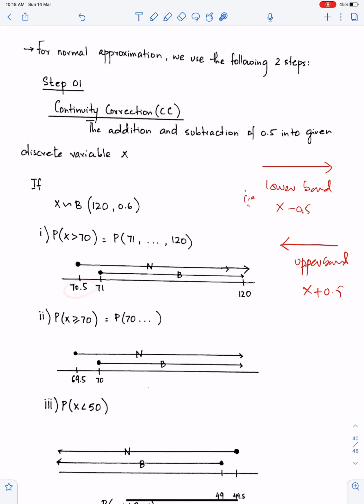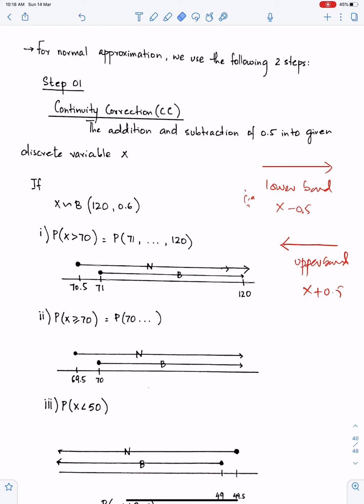So you need to use 70.5, like in this probability, z greater than 70.5 minus mu over sigma. You will use 70.5 in the calculation. I will discuss this after step 2.